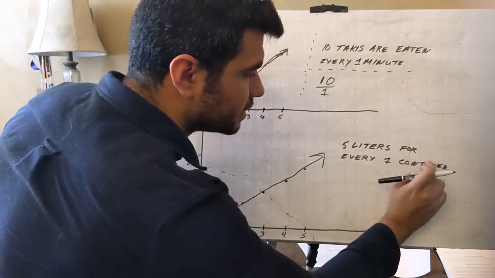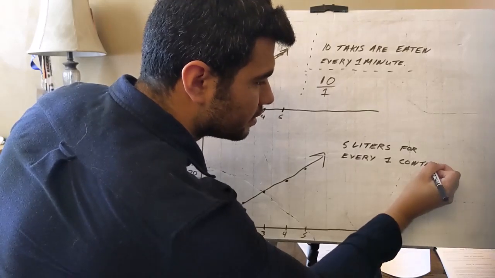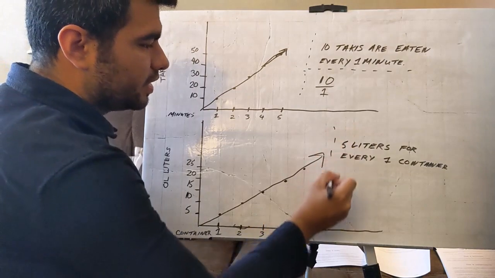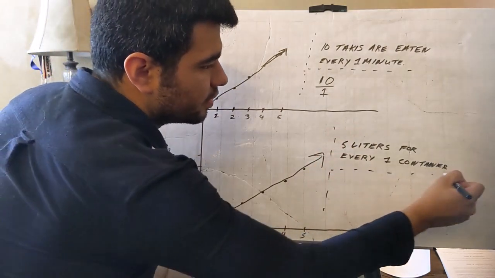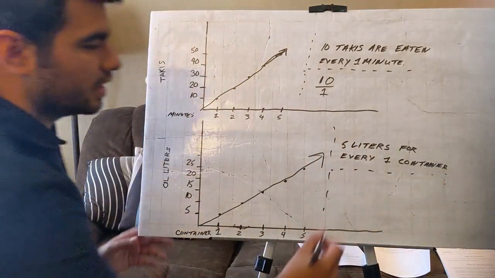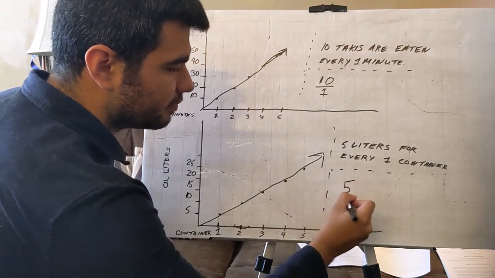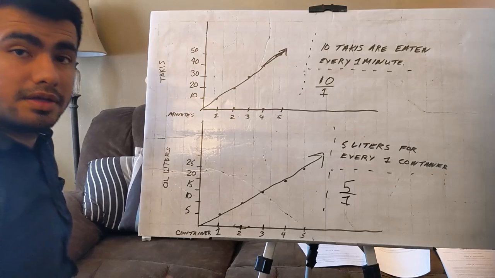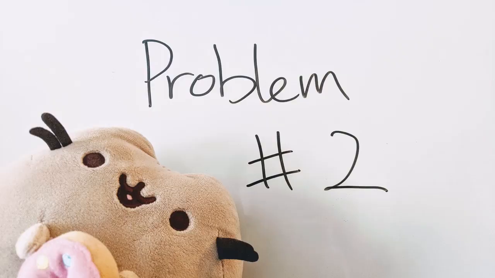That's part of my answer. That's how much it's going over by in the real world. And how much is it increasing? It's increasing by 5 over 1. Alright, let's go to the second one.